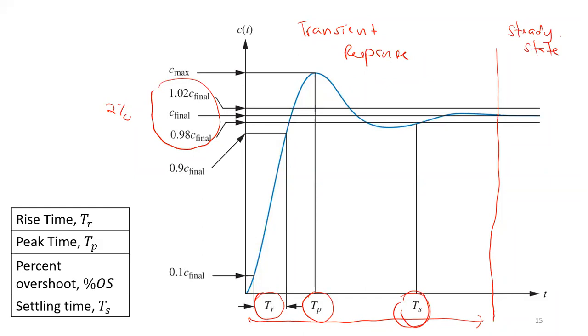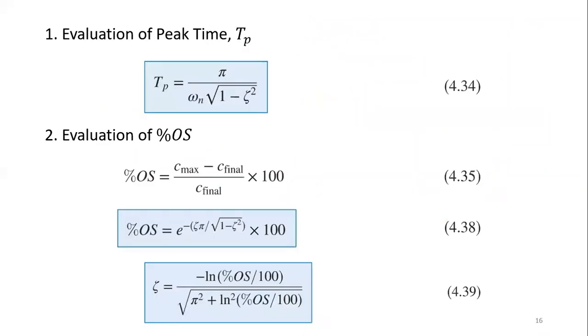Next, what are the formulas for the peak time and percent overshoot? The peak time equals pi over the natural frequency multiplied by the square root of 1 minus the damping ratio squared. For the percentage overshoot, there are 3 formulas that you need to know how to use.